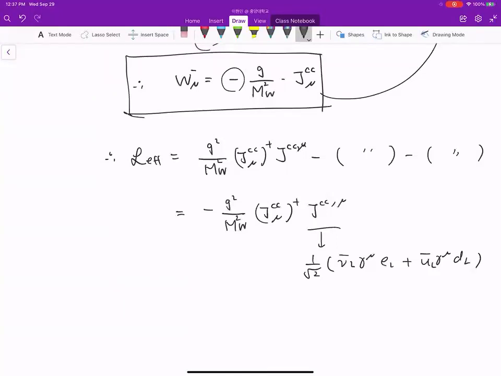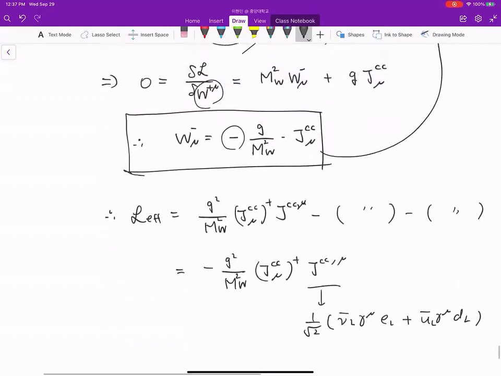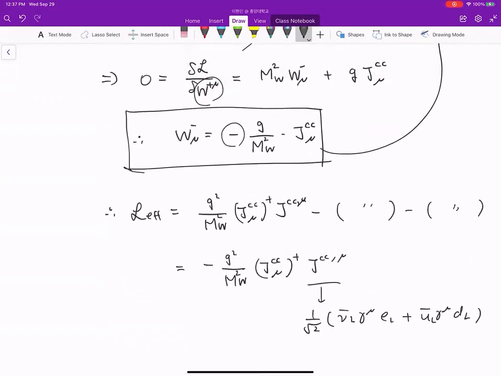Then you will get exactly the same interaction Lagrangian as we derived from the Feynman diagram, the decay amplitude. So this is the way to obtain the effective Lagrangian or effective Hamiltonian.